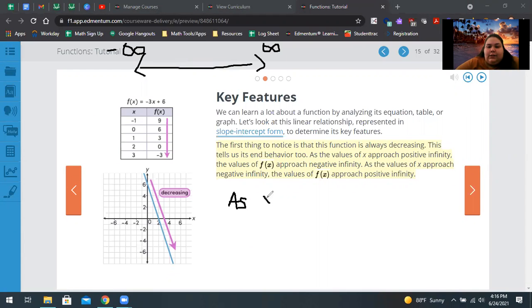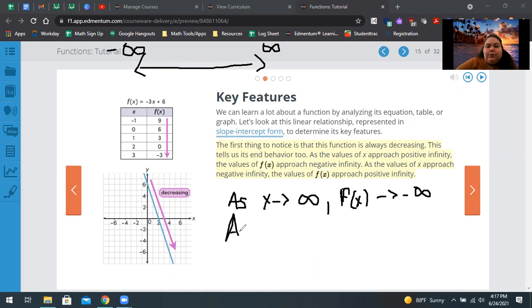As x goes to positive infinity, and that again means off to the right, you can say f of x, or the y values, goes to negative infinity. So in this way, it's kind of like my short notation of what they're writing down here verbally.